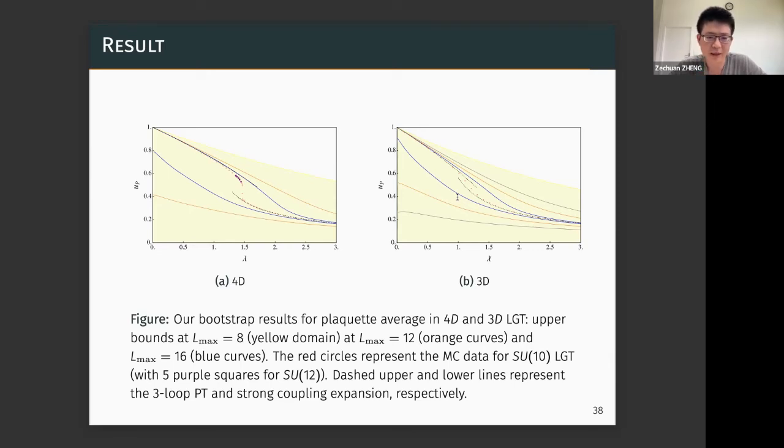For 4D, as I already said, in the weak coupling phase our bootstrap upper bound is very close to the Monte Carlo result. Actually, in the weak coupling limit, it is already better than the Monte Carlo result, and it goes very close to the perturbation line. This is a third order perturbation line.